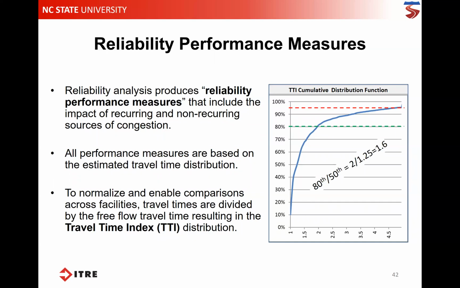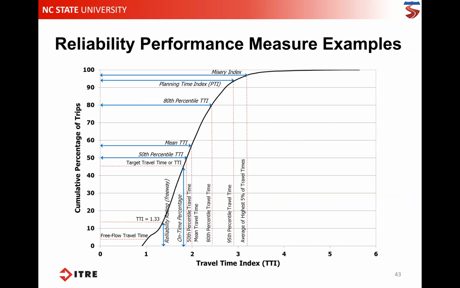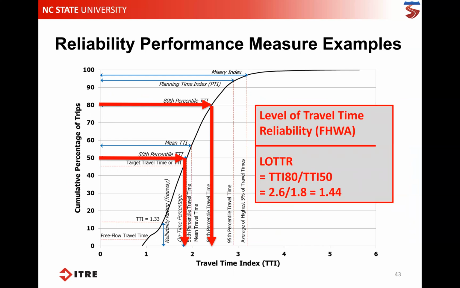One of the things that the Federal Highway Administration is looking for is what they call the level of travel time reliability, which is the ratio of the 80th to the 50th percentile. These are examples of a variety of travel time measures. Here is the 80th and 50th percentile, and it gives you that measure of reliability, in addition to all kinds of performance measures you are interested in.